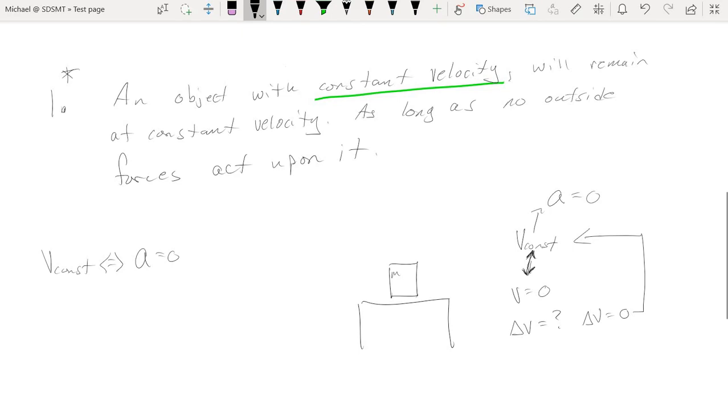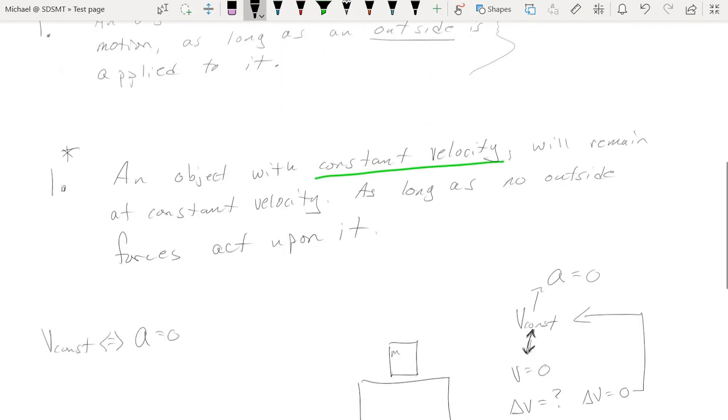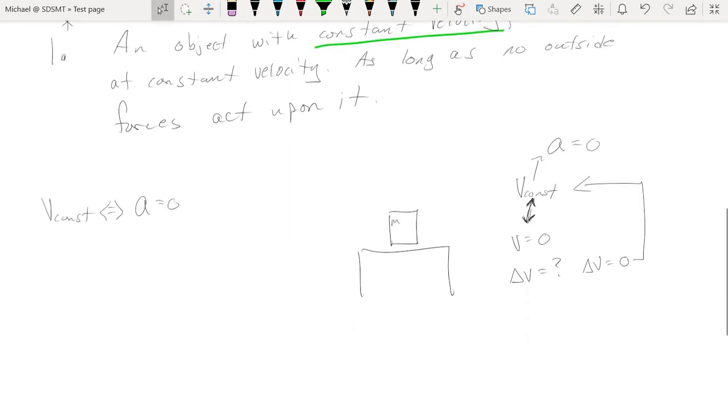But now we have the second sentence that says this can happen as long as there are no outside forces acting on the mass. Well, remember, the law has to cover all situations. We can't just have everything happening up in outer space. Eventually we're going to have to come back down to Earth here. And on Earth, we do have accelerations, specifically the acceleration due to gravity.